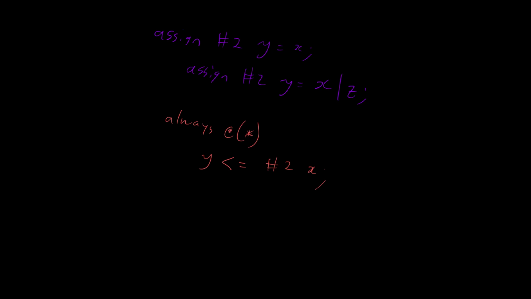You'll find that you can put this #2 out the front, you could make this an equals, you could probably put this #2 in here and so forth. Any of these other combinations are going to give you something that's wrong. It compiles, it does something, but it does not do what you expect. So this is probably the one case when I recommend you just memorize how to do this in Verilog.